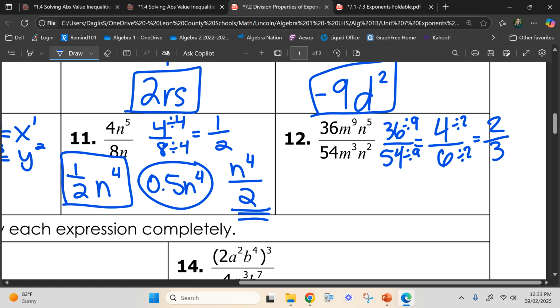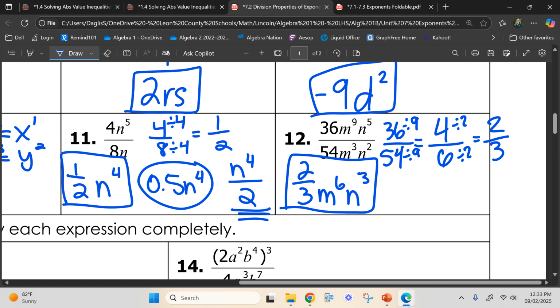So 2/3 is our simplified fraction. What's my new m? 6. m to the 6, good, and n to the power of 3. Perfect answer. If you have 0.66 m to the 6 n cubed, again, it's fine, but not my fave.